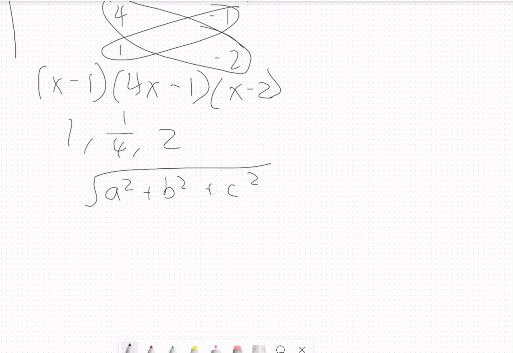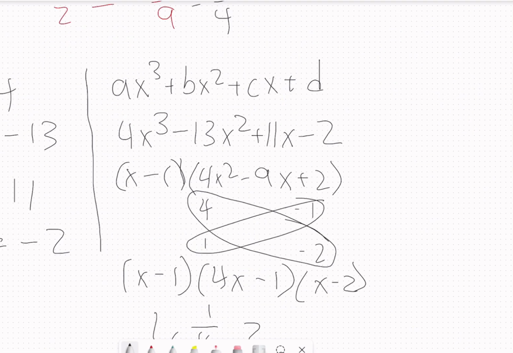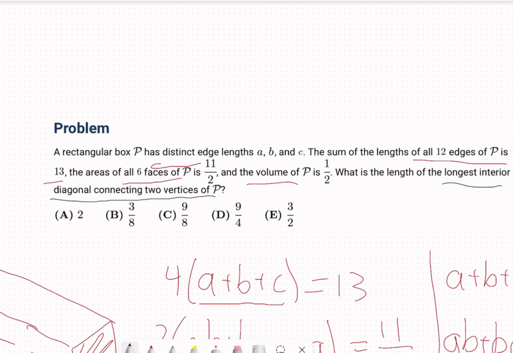So we can plug in and get something like 1 plus 1 over 16 plus 4, or 81 over 16, or 9 over 4. That is our answer. And if we go back up to the question, that's choice D.